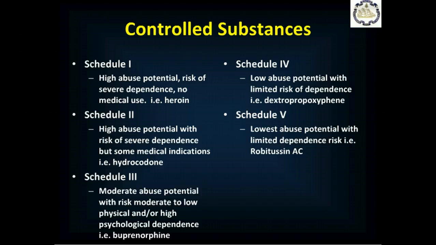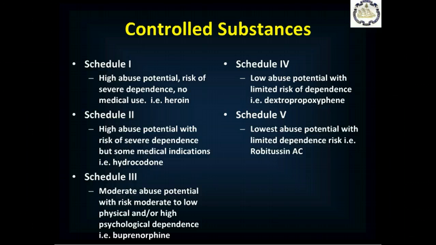So hydrocodone, medication in Vicodin, Norco, Lortab, that's used for pain control fairly commonly. It's an oral medication. Schedule 3, there's a moderate abuse potential. The risk's lower for physical dependence, but there is a risk of psychological dependence, and that's buprenorphine, similar medications.